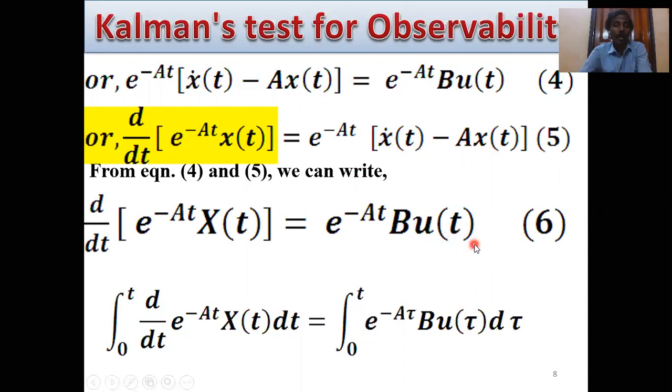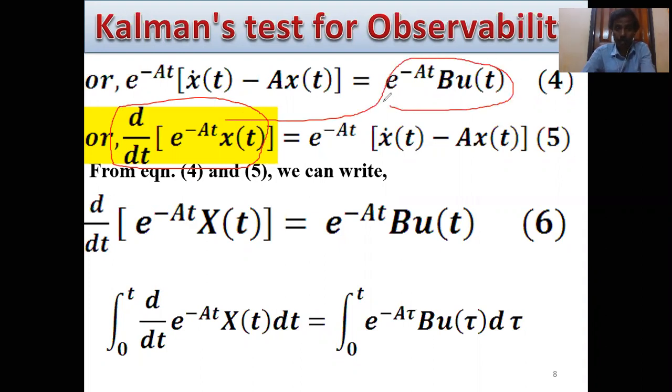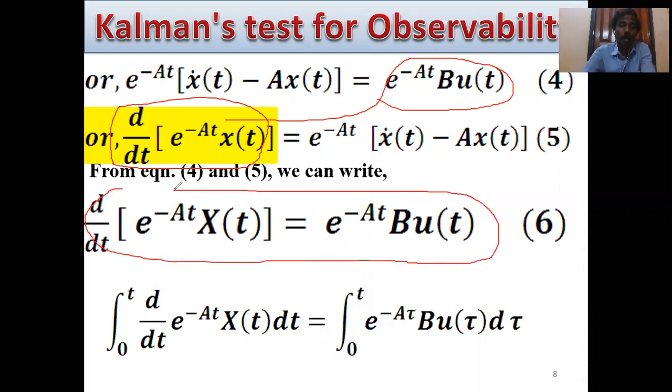This is equation number 6, because this is the left hand side term, and already proved equivalent to this term. That's why d/dt of e to the power minus at x(t) is equivalent to e to the power minus at b u(t).